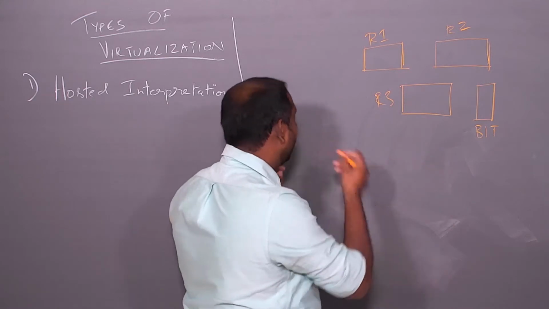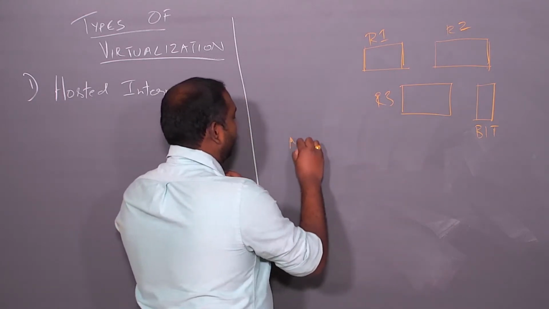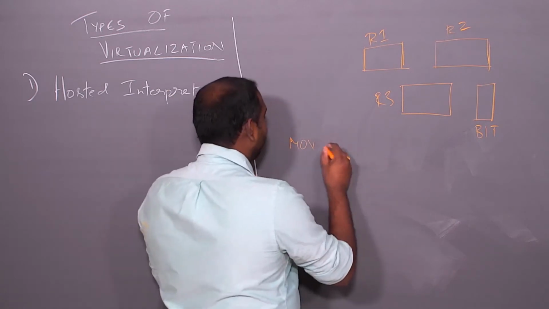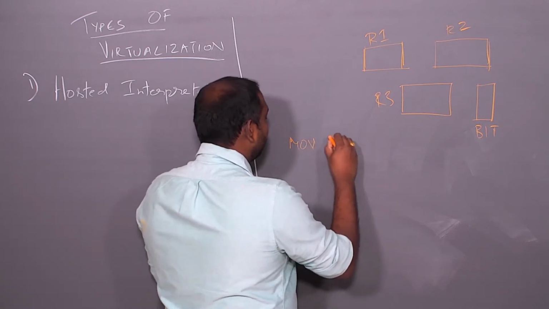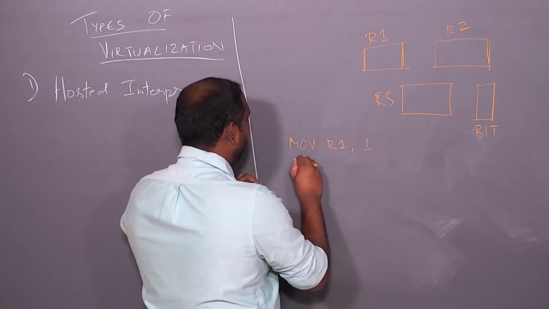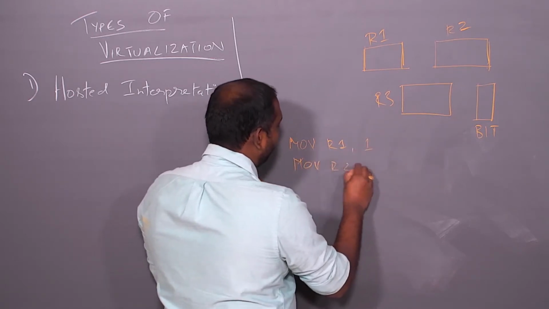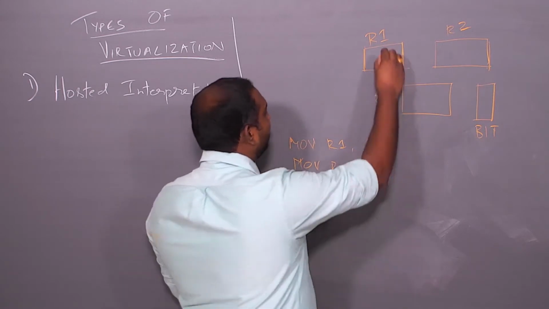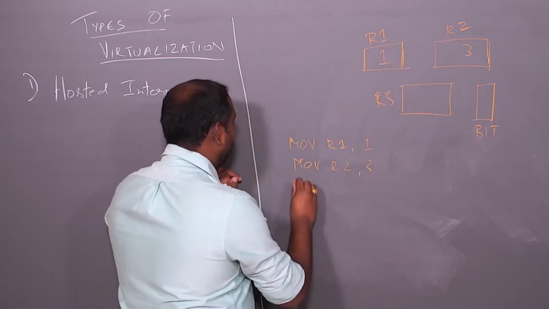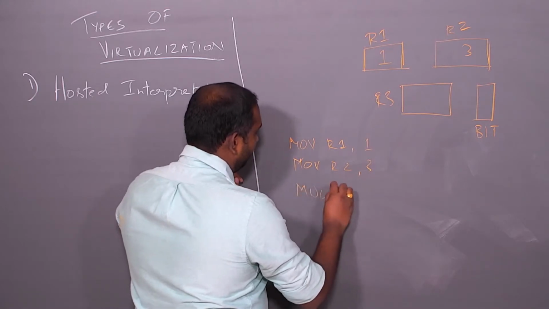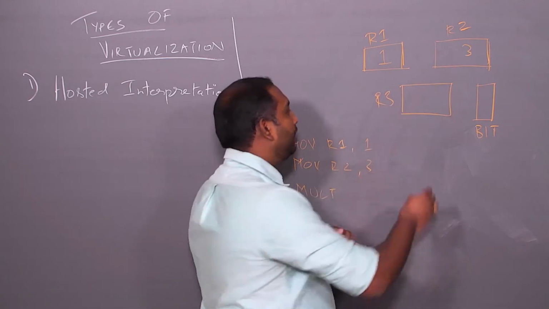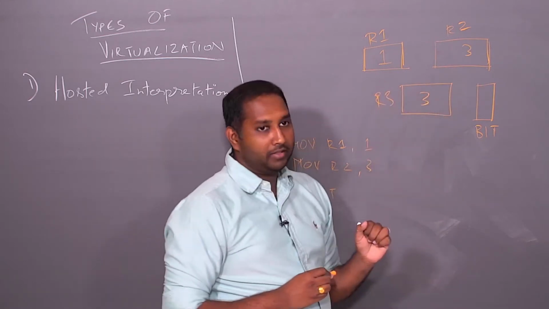For example, and I'm making this up, this is not actual compilable assembly, you could say move R1 1 and then move R2 3, so you're putting 1 here and 3 here. Then you say multiply, and that multiplies these two things and puts the result in R3.